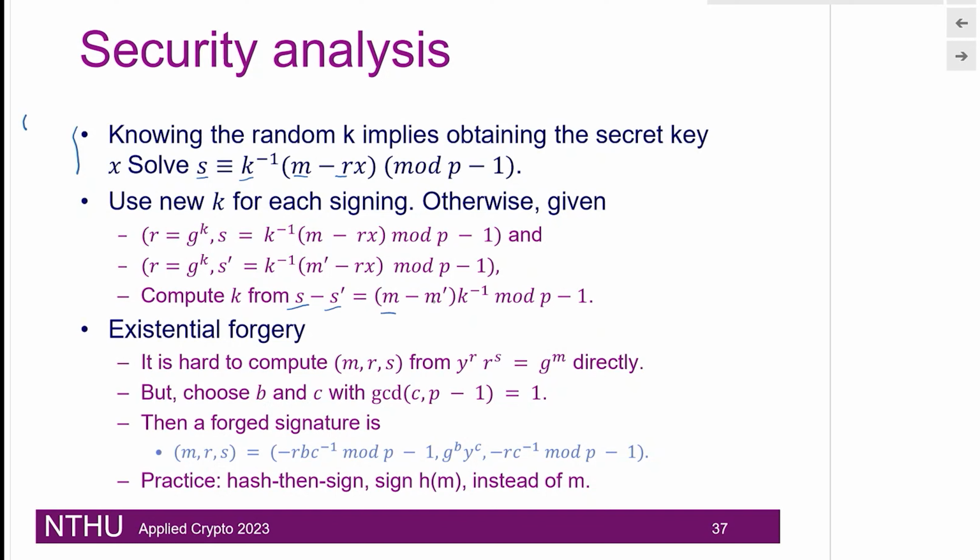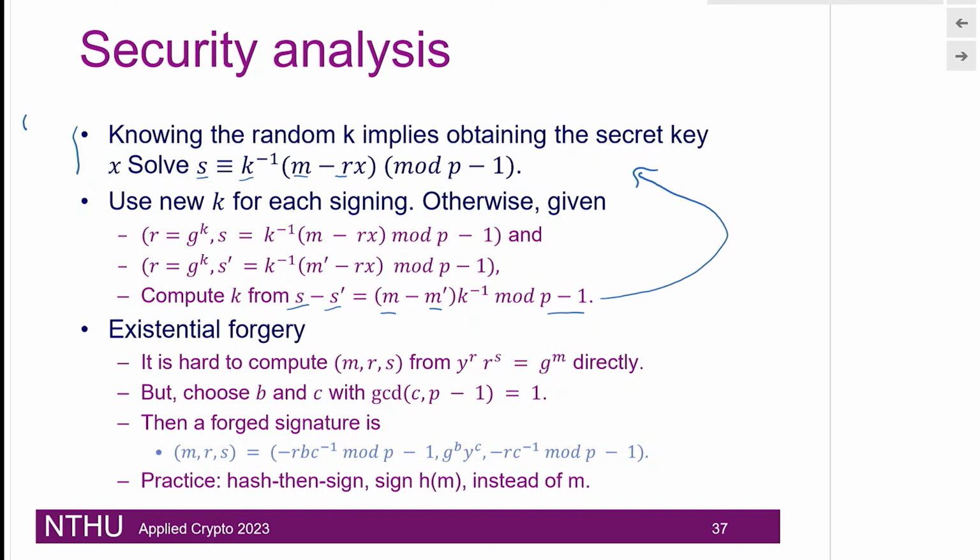M and M prime, we know them because we reveal M when we do the signature. And P minus 1, of course, we know. So we have one equation again and one unknown, which is K, and then we can definitely compute this K. And when we compute K, it becomes even more dangerous, because we can go back to the previous step. We know K, now we plug it into this formula, just one of them, and then we can recover the secret key.